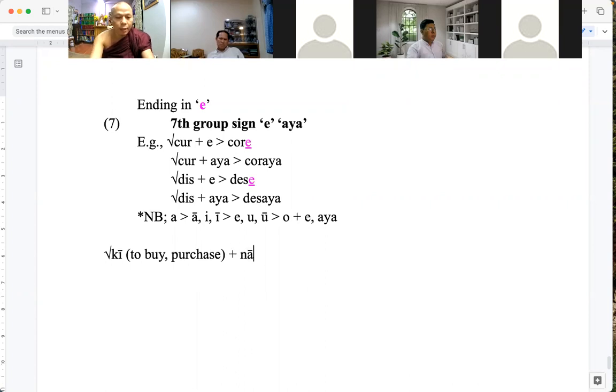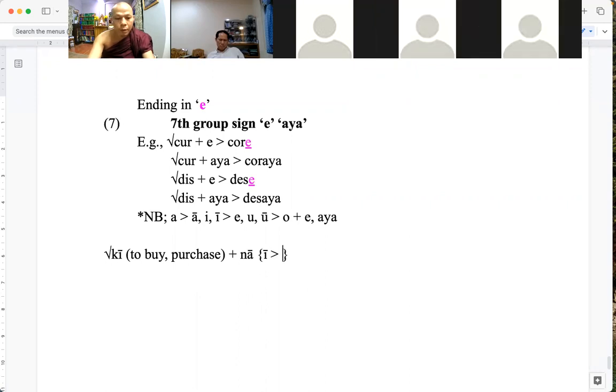Actually, the sign is originally na without dot. But here there is a special change to this root. Firstly, e becomes short. That is the part change. And second, after root ki, in this sign, na without dot changes to na with the dot.